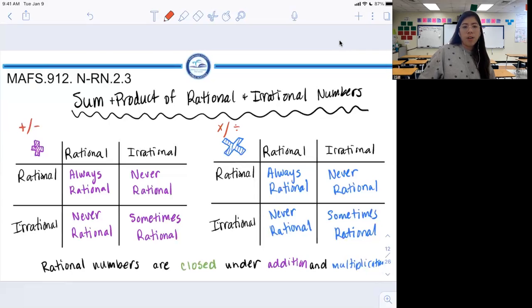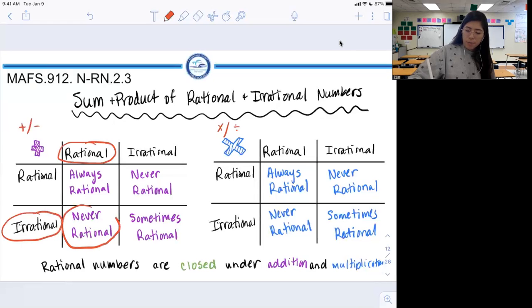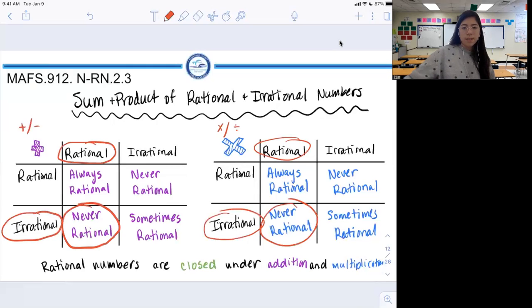Which option is always good when you mix rational and irrational together? So irrational with rational would never be rational, and that goes for multiplication as well as addition.